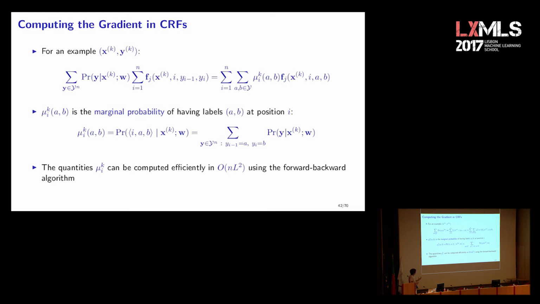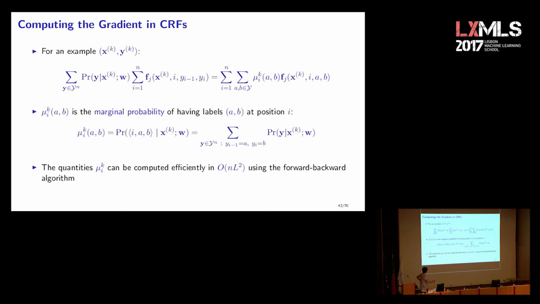So we can rewrite this expectation as, instead of looping over full sequences, looping over factors, where now this quantity will be expressed as the marginal probability of the factor AB at position i, times the feature vector of that factor, okay? So what is the marginal probability of this, okay? This is the marginal probability of having labels AB at this position, okay?